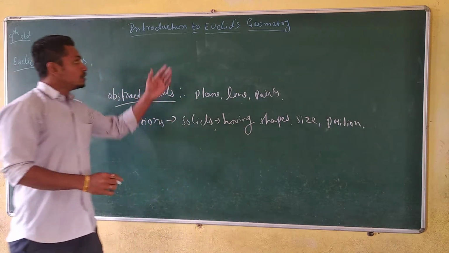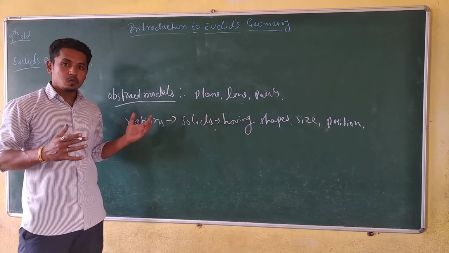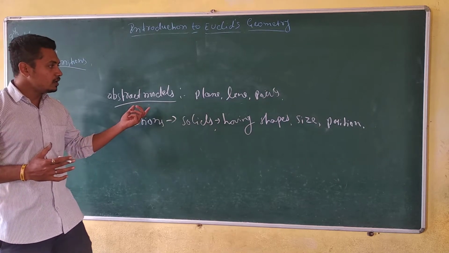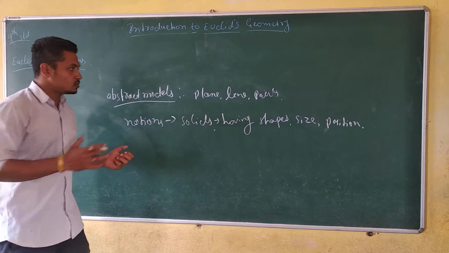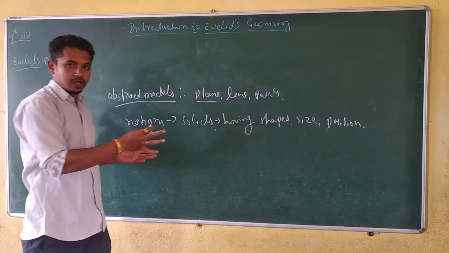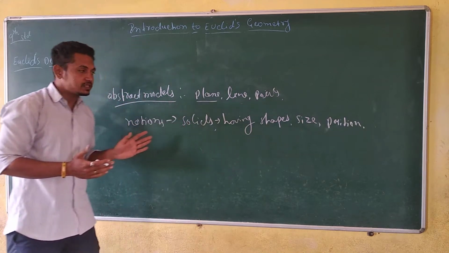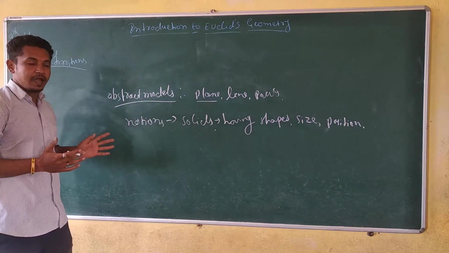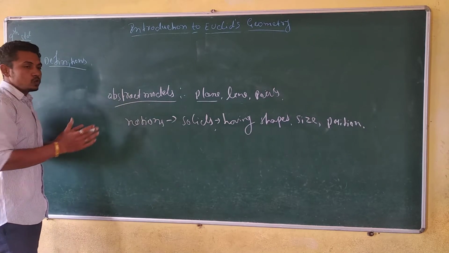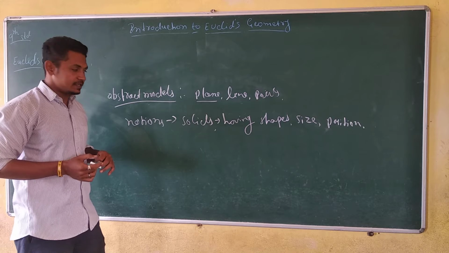Okay, Euclid introduced the abstract world: plane, line, and points. So plane means it is a surface. In these abstract concepts, he introduced geometry, and some axioms and postulates.